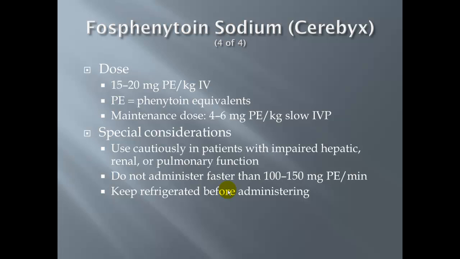Now, what that means is this is dosed in phenytoin equivalents, because the dosing on this is going to give you phenytoin. Maintenance dose is going to be 4 to 6 milligrams phenytoin equivalents per kilogram, slow IV push. Special considerations: use cautiously in patients with impaired hepatic, renal, or pulmonary function. Do not administer faster than 100 to 150 milligrams phenytoin equivalent per minute. Keep refrigerated before administering.